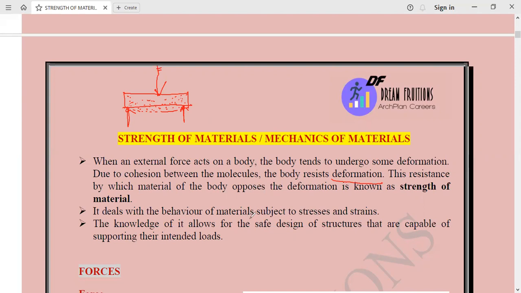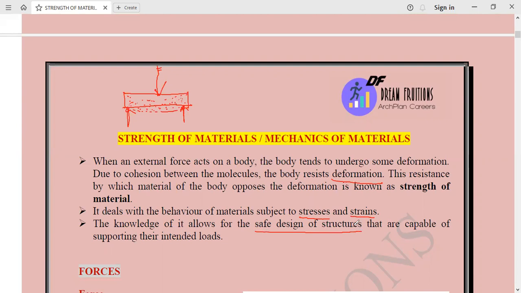Strength of material basically deals with stress and strain. It is a very important topic, and you should have knowledge of strength of material, because only if you have proper knowledge of it will you be able to design safe structures.